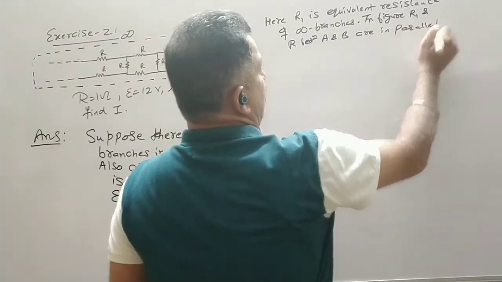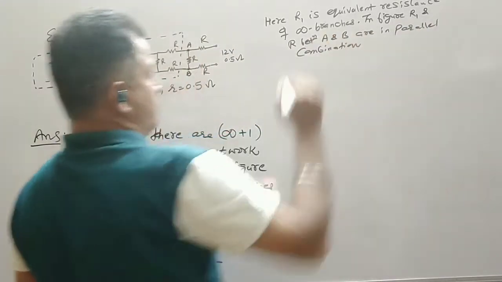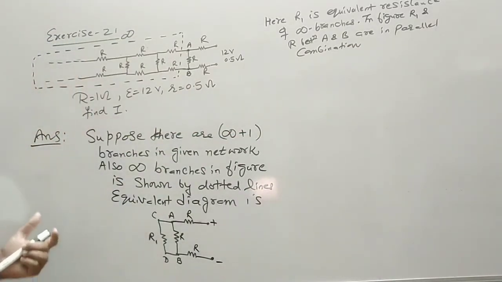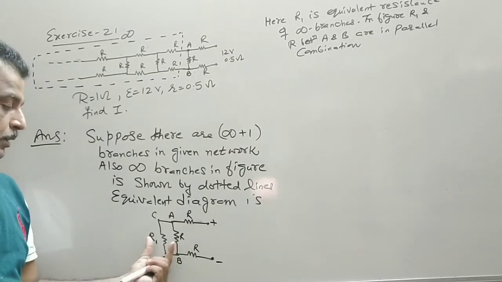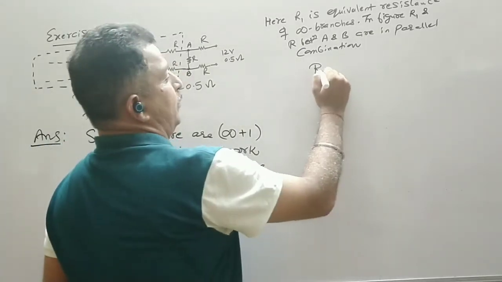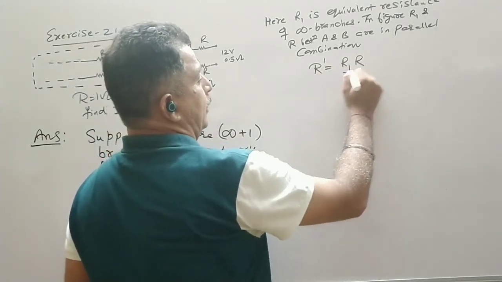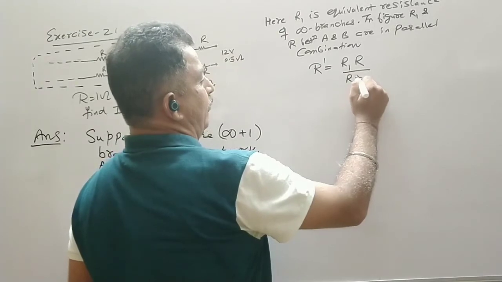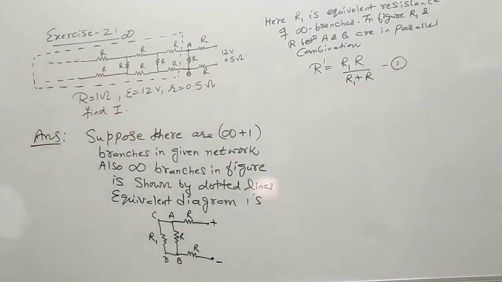Let the equivalent resistance of this be R dash. So R dash can be written as R1 R upon R1 plus R. This is our equation number 1.